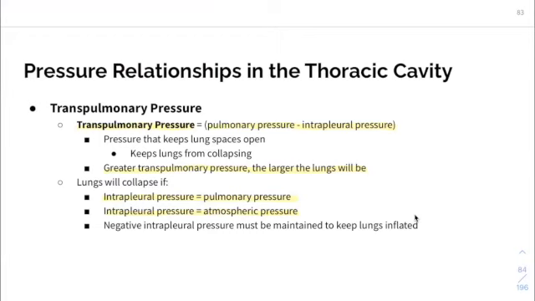There's only one time that the intrapleural pressure may become greater than the lungs, and that's during a forceful exhalation, like a cough. That is when you are going to see the intrapleural pressure be greater than the pressure within the lungs.